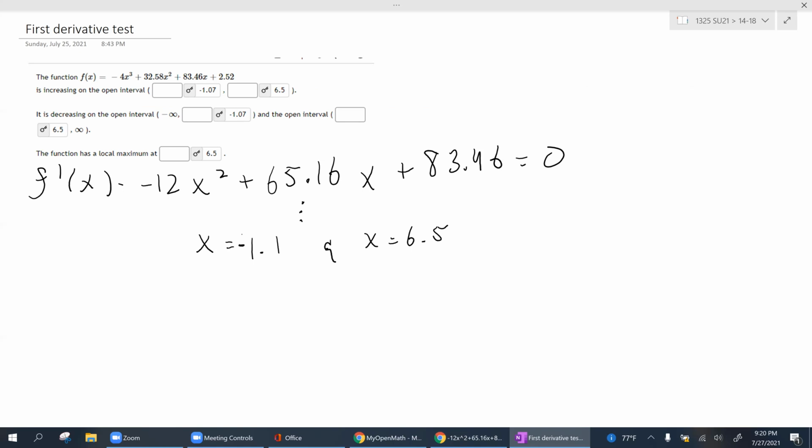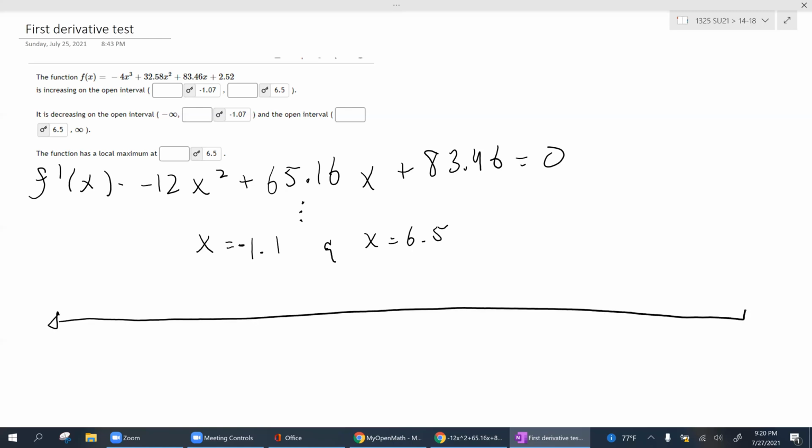So right now, what I'm going to do is create a horizontal line. I'm going to plot this point here. This is a critical point.